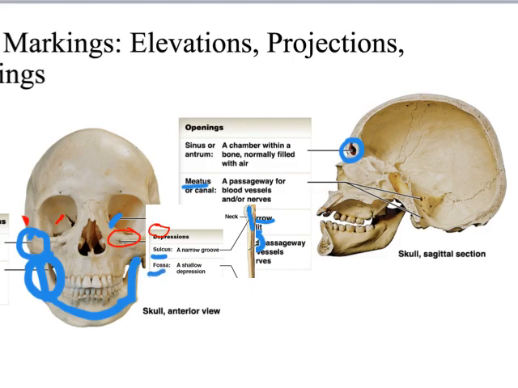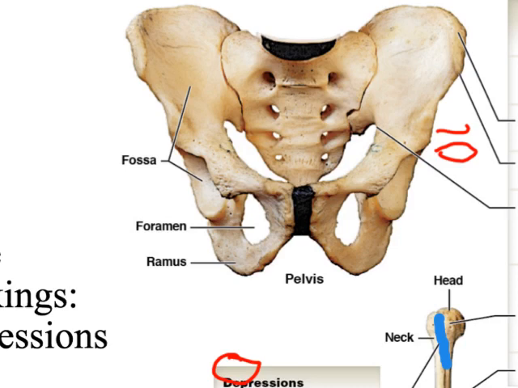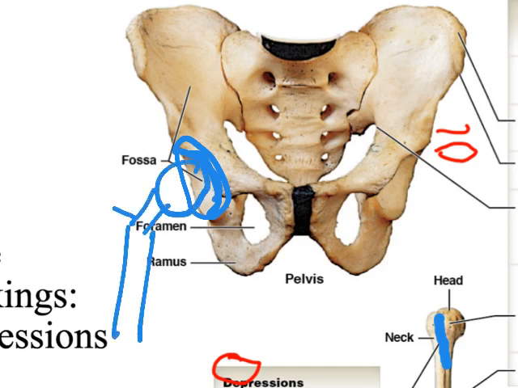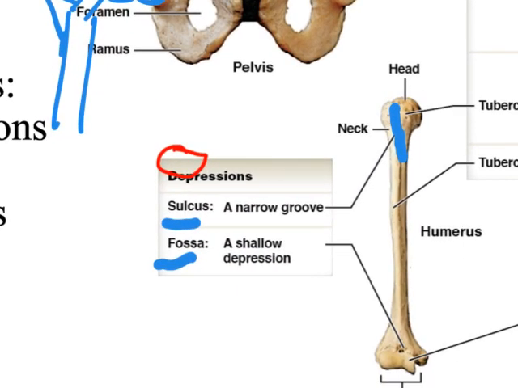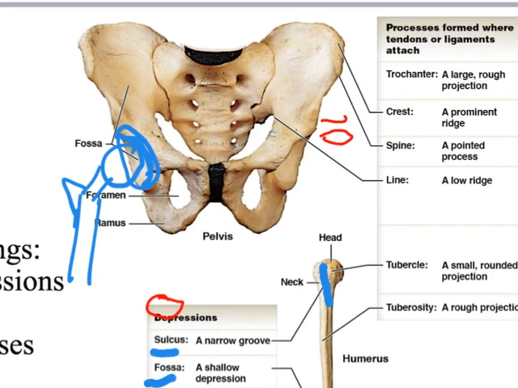So here's a great example of a fossa over here. See that there? And this fossa in here, this is where the head of the femur is going to go. So fossas are basically shallow depressions that often articulate with another bone. They often become the joint with another bone.